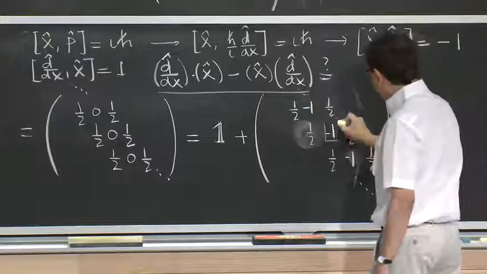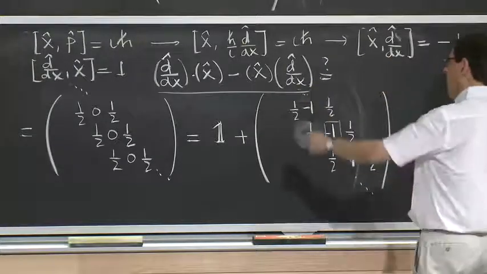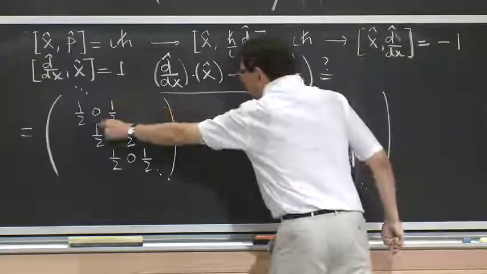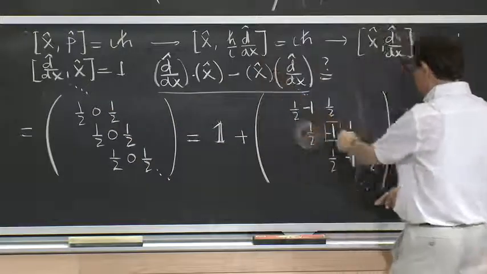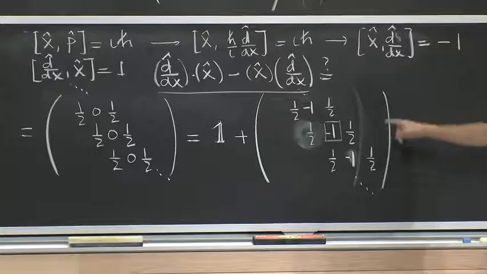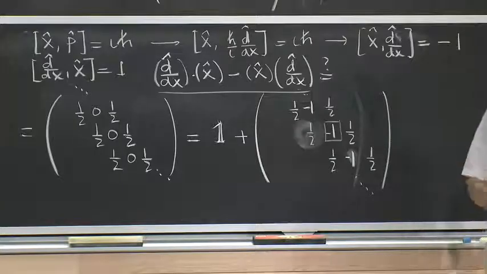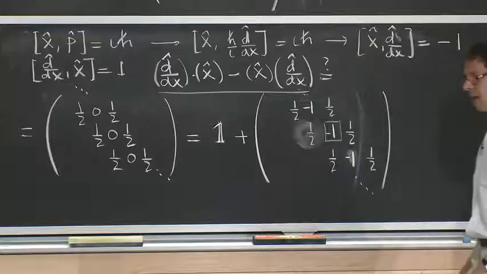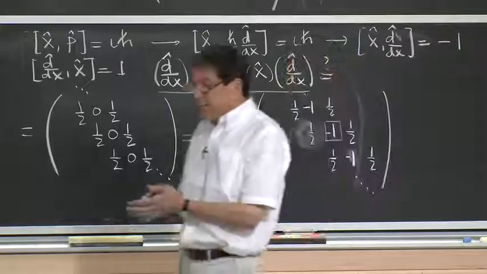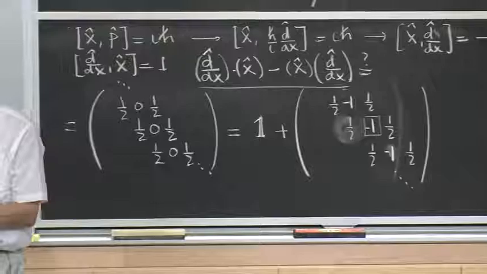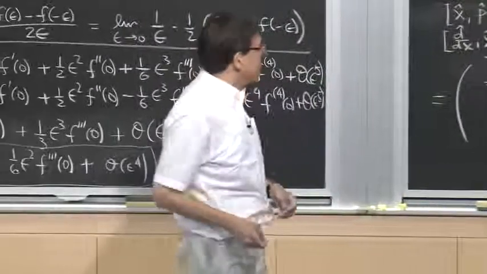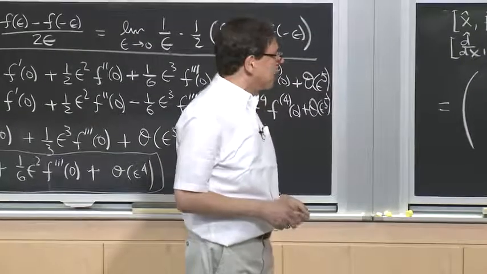So this is the center element, the minus 1. So I've put 1s all over the diagonals, and then I have to subtract them. So this is the matrix I did not want to get, and how much would I wish this matrix was not there. But it is there, and it's time to try to understand what it means, this matrix, and what it does.